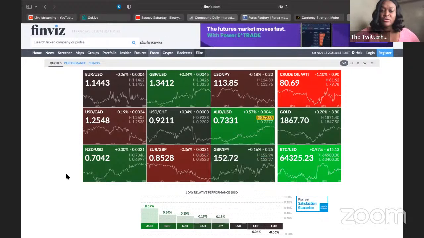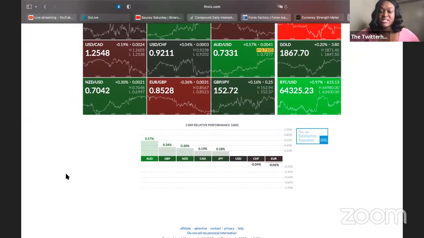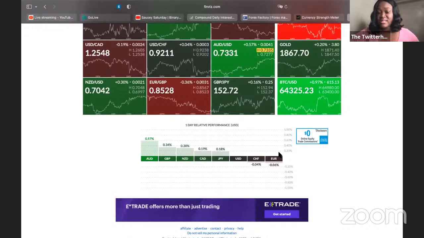So now here we're seeing the volume of the currencies, and the strongest currency is going to be to the far left. The weakest will be to the far right. Now, when I'm looking to do a trade, I'm looking for currencies that have the greatest separation.